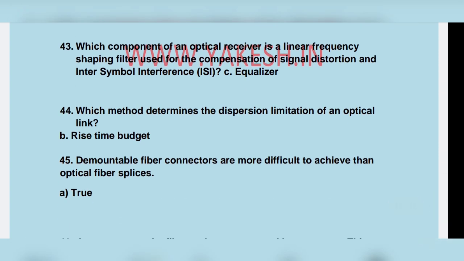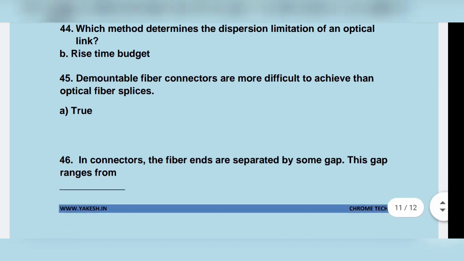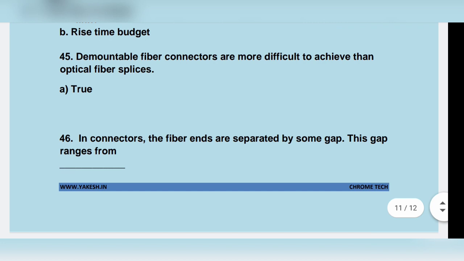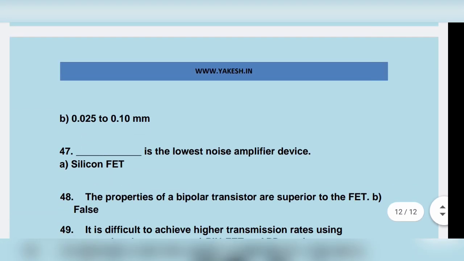Which method determines the dispersion limitation of the optical link? Rise time budget. Demountable fiber connectors are more difficult to achieve than optical fiber splices. True. In the connector, the fiber ends are separated by some gap. This gap ranges from 0.025 to 0.10 mm.